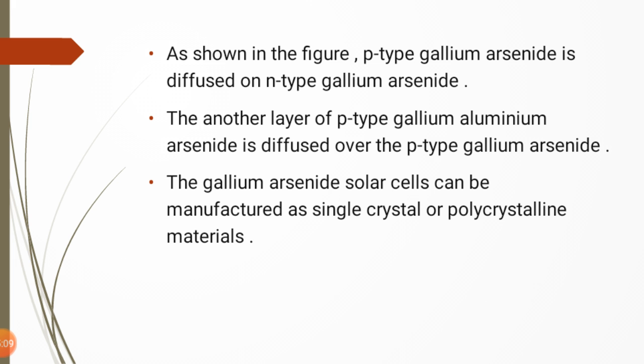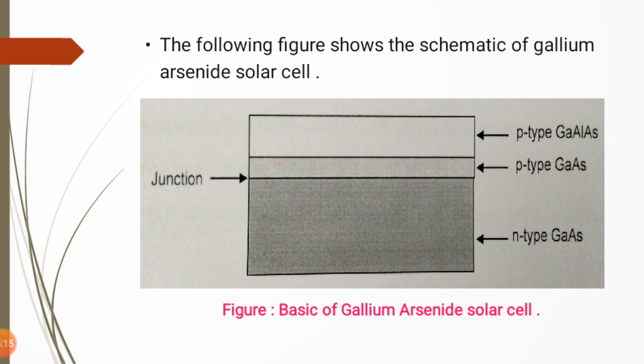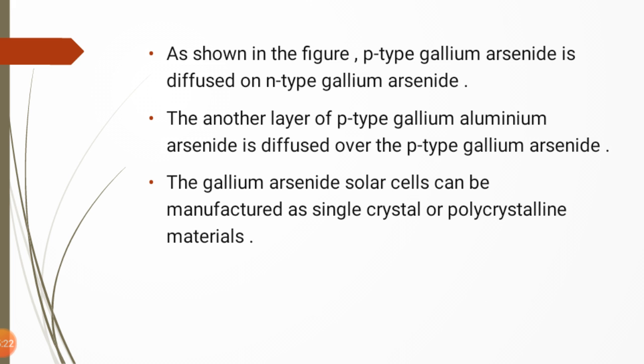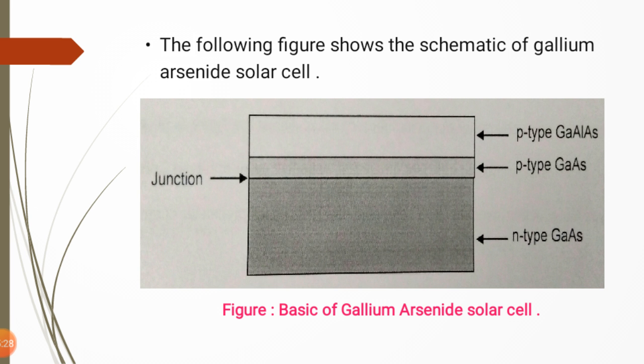As shown in the figure, p-type gallium arsenide is diffused on the n-type gallium arsenide. Another layer of p-type gallium aluminum arsenide is diffused over the p-type gallium arsenide. That is the topmost layer.